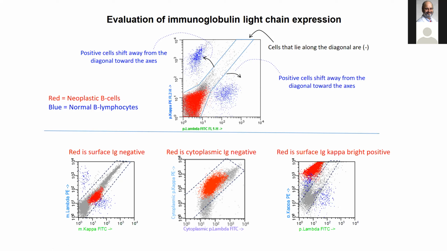They'll show restriction to either kappa or lambda. Now that's not always going to be the case, and you might have a population like this over here where it's a B-cell lymphoma that doesn't express either kappa or lambda, but that is still considered an abnormality and suggestive of a B-cell neoplasm.